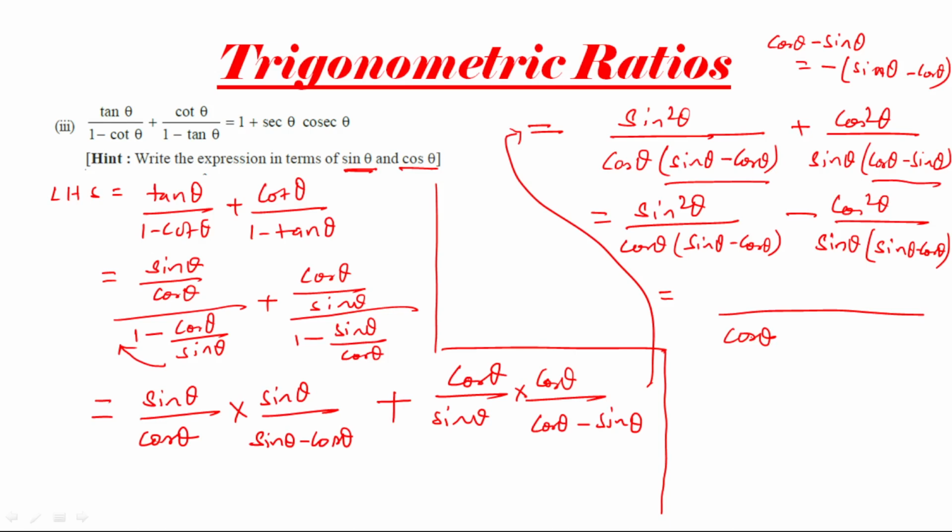We need to prove this as 1 plus secant theta cosecant theta. So sin theta minus cos theta is common to them.